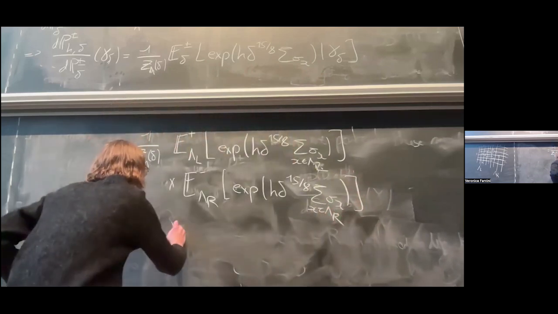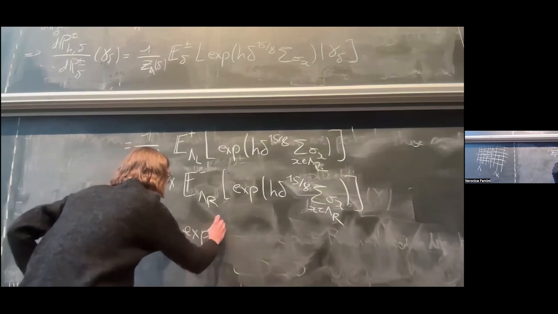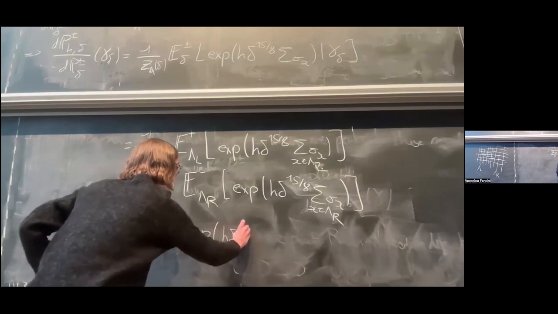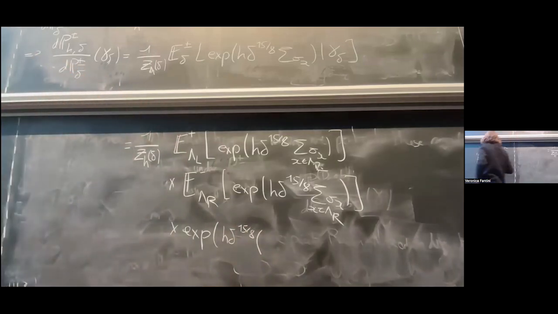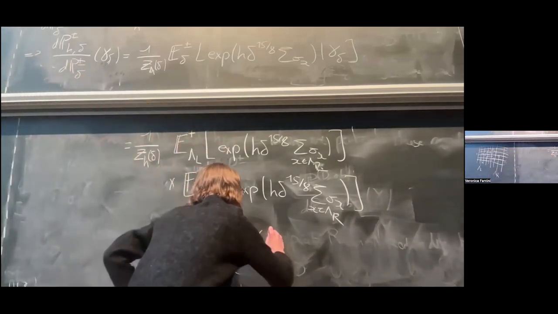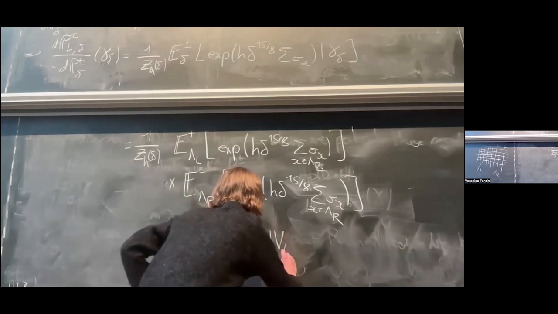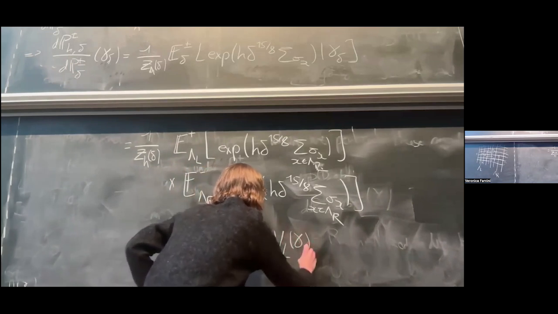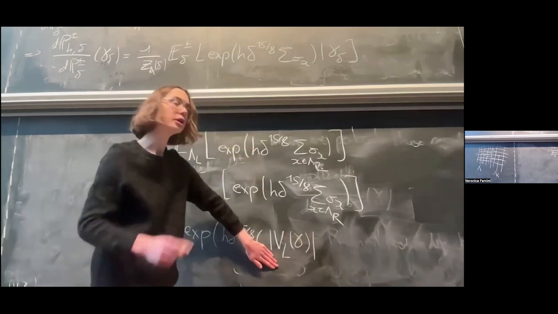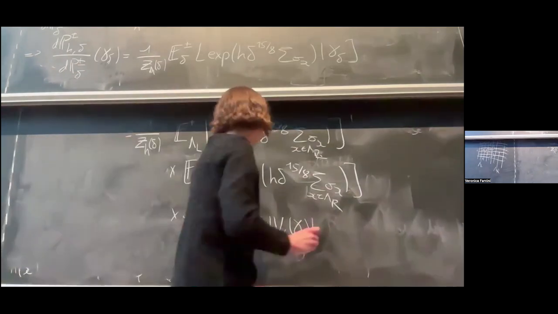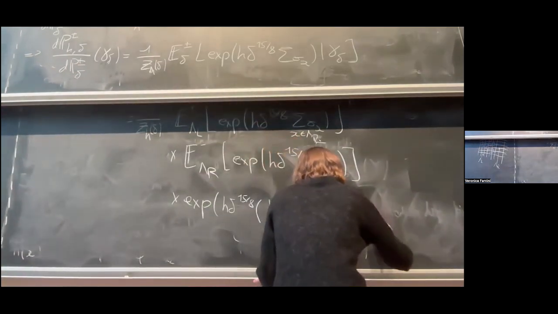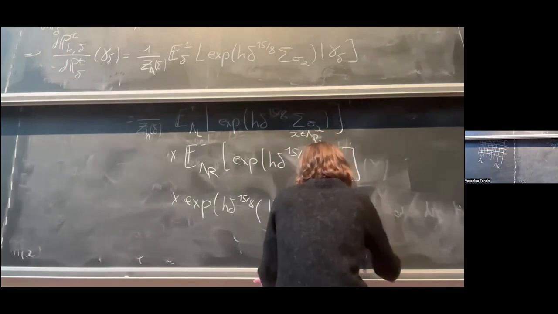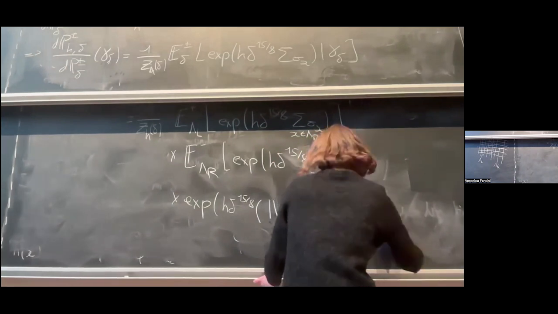And what happens for the interface? Well, this is relatively easy. The spins which are on the left have a plus, sorry. I'm going to call this B_L gamma, the number of spins on the left on the interface. And then you have a contribution from the minus for those on the right.